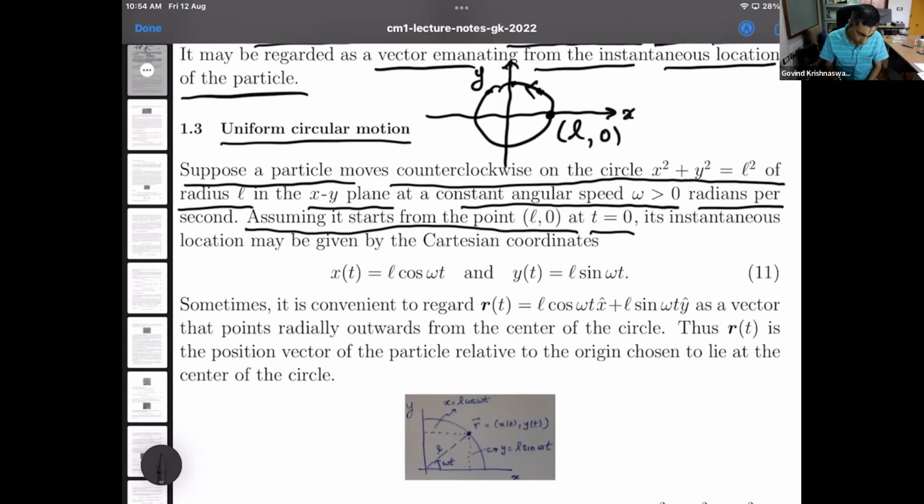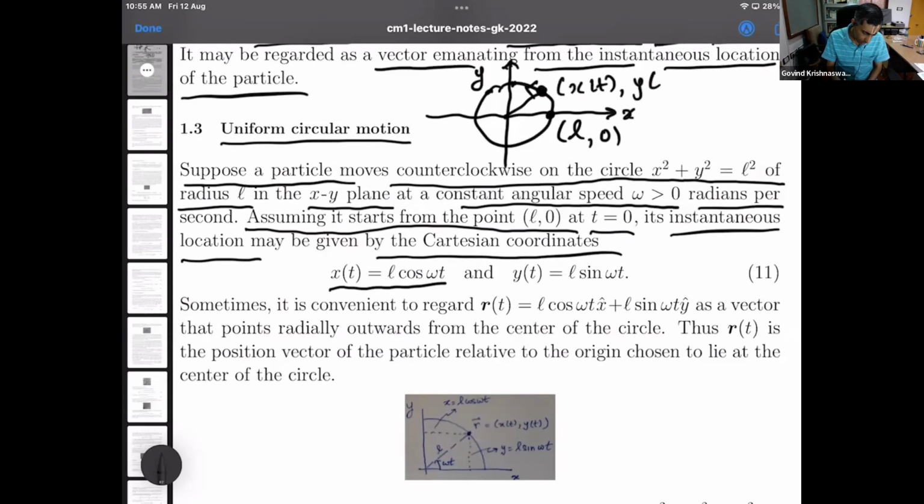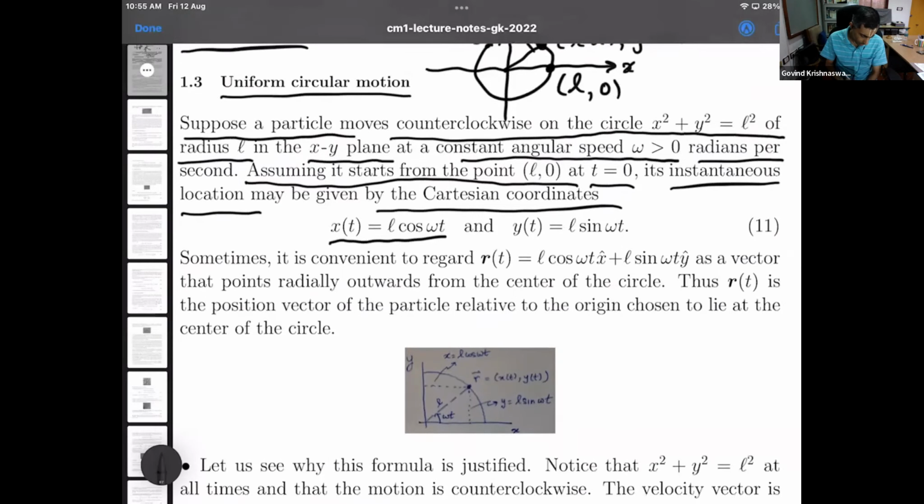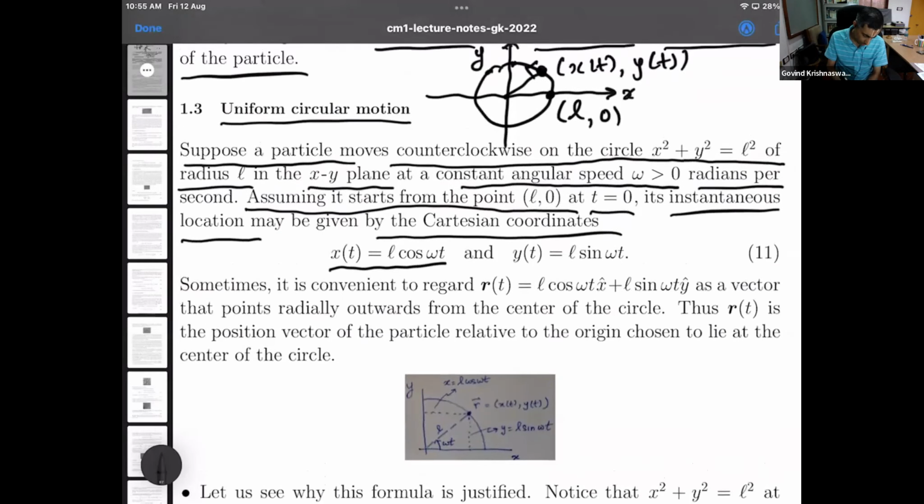at t equal to 0, its instantaneous location may be given by the Cartesian coordinates x of t equal to L cosine omega t. So this is going to be x of t, y of t. I think you are familiar with this pair of formulae for the x and y components of a point on a circle that subtends an angle. What is this angle at time t?